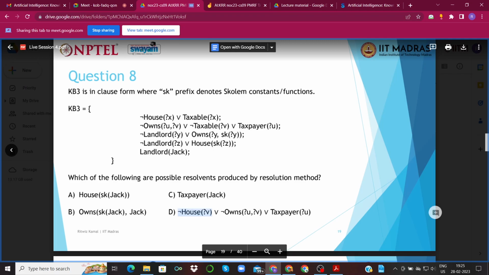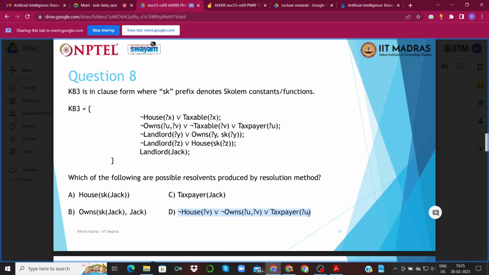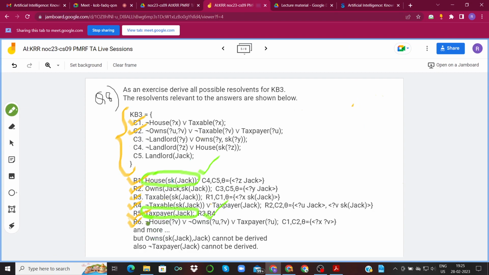Then let's consider the last option, D: not house V, or not owns U V, or taxpayer U. We also derived this one right here. But we were not able to derive this one. Owns SK Jack comma Jack is something that we were not able to derive, and we won't be able to derive.